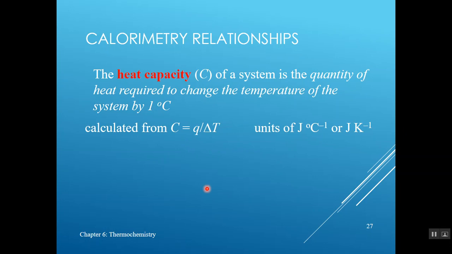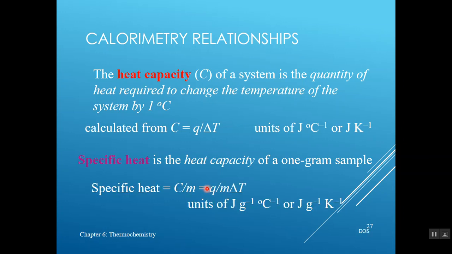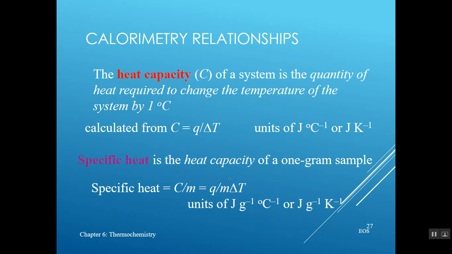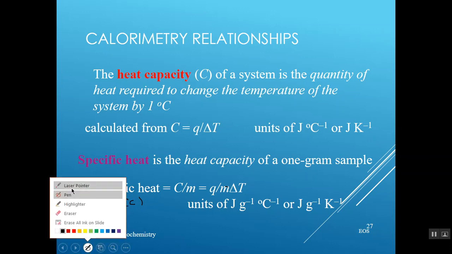Now, another term is specific heat, which is the heat capacity of 1 gram of a sample. And in that case, the symbol for specific heat is lowercase c, to distinguish between that and uppercase C, which is the heat capacity.